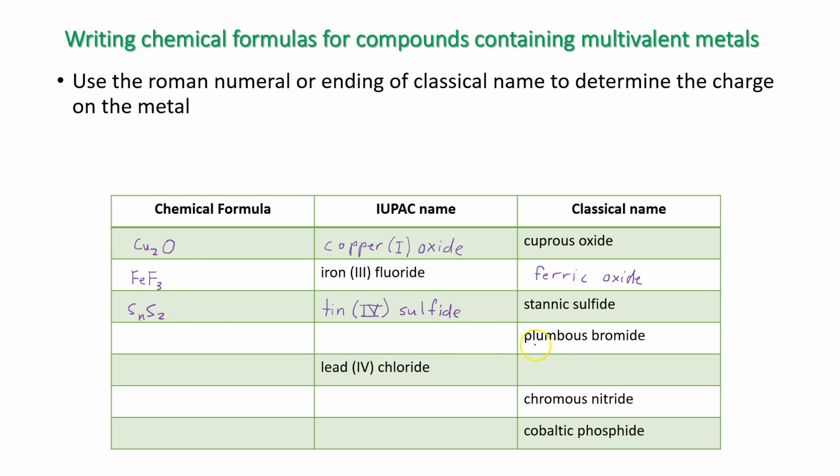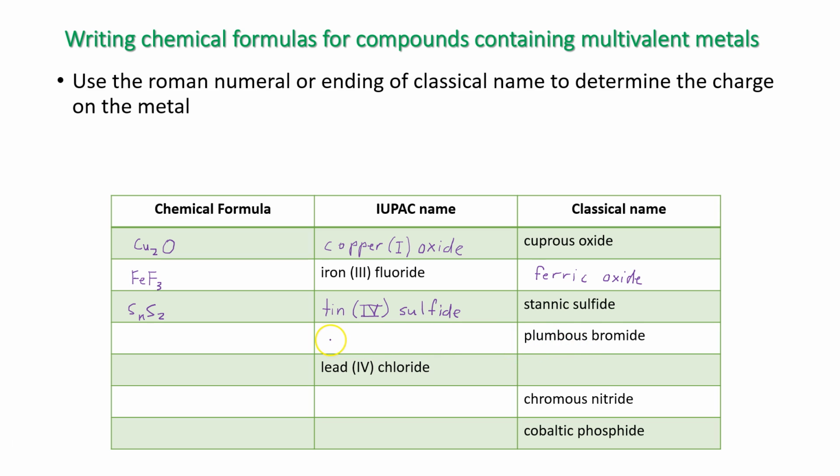Okay, next one, plumbous bromide. Plumbous is lead, and there are two forms of lead. Plumbous has a charge of +2, and plumbic has a charge of +4.